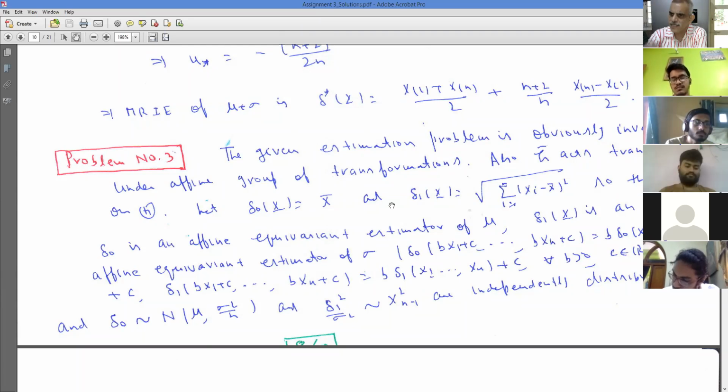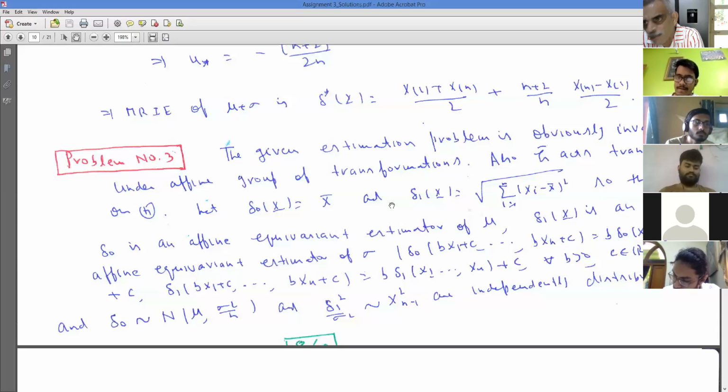If you are interested in estimating sigma to power R, your estimate is sigma to power R. Under G bar BC, mu and sigma have become B mu plus C and B sigma.